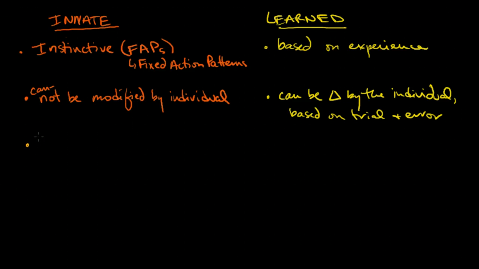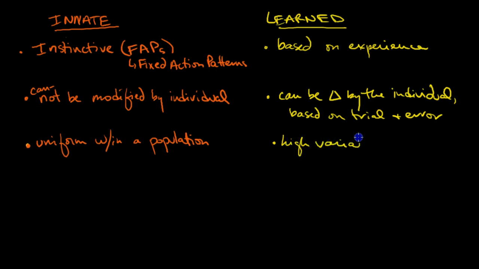The innate behaviors are pretty uniform within a population, meaning all individuals of a population have the same or similar type of learning or fixed action potential, as opposed to a learned behavior, where there's high variation of different learning within that group.